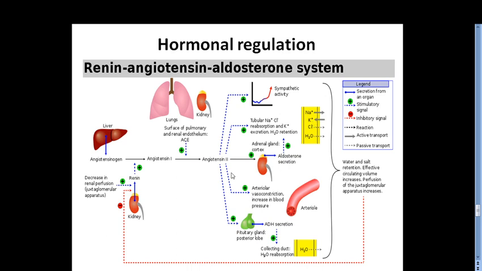And angiotensin, when it causes release of ADH, so this ADH, as its name suggests, it acts over the collecting duct. Further, it causes the reabsorption of water from the tubular fluid. So basically this mechanism checks the water loss, and that's why there is an increase in the blood volume.